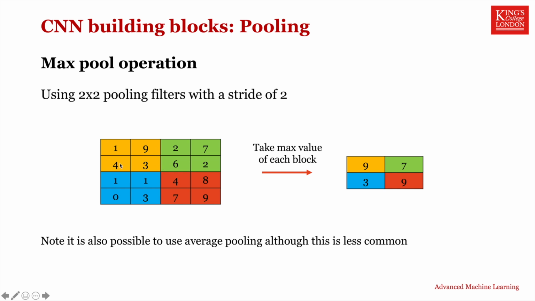So specifically taking the first 2 by 2 block shown in yellow, the maximum value here is 9, and so this becomes the first element of the top left of the downsampled block. Then for the green block, the max value is 7, so that's propagated here. For blue, it's 3, and for red, it's 9.